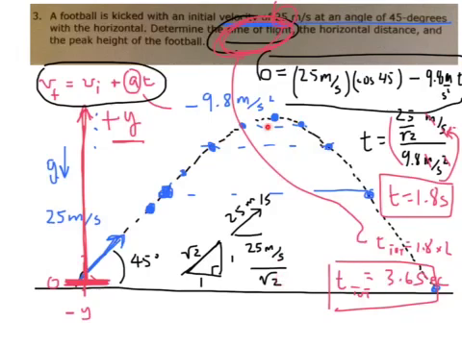Well, let's see, we just figured out how long it takes to get to the top. Since we know an equation that relates the initial velocity to the distance and the acceleration, and we know the time, we can figure that out.